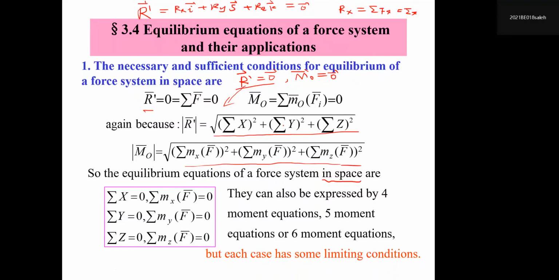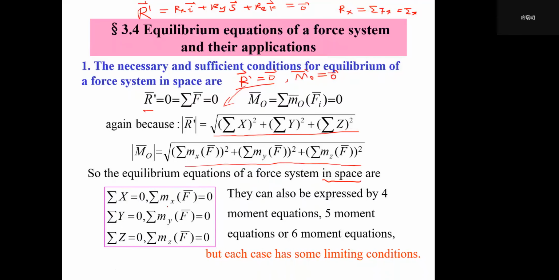So that's why when we talk about R prime equals 0, we have 3 equations, right? Because Rx actually equals sigma Fx, or sigma x, sigma y, sigma z. So maybe this symbol should be read as sigma, right? In many cases we also call that sigma, a sum of a lot of atoms.